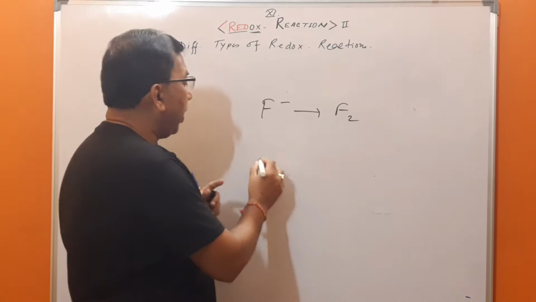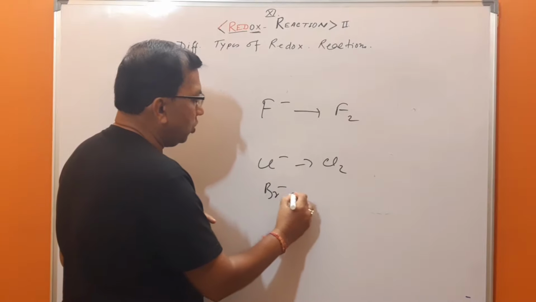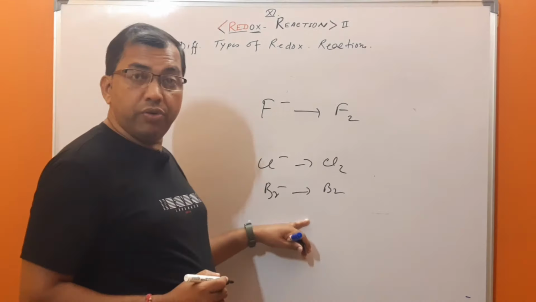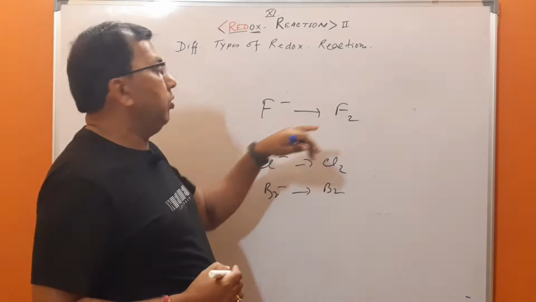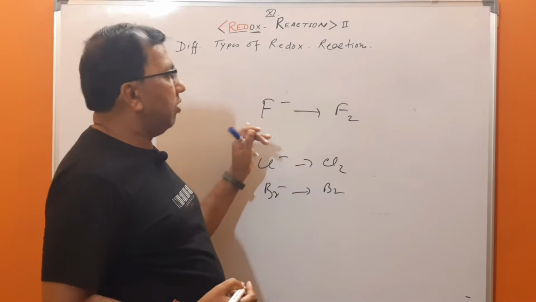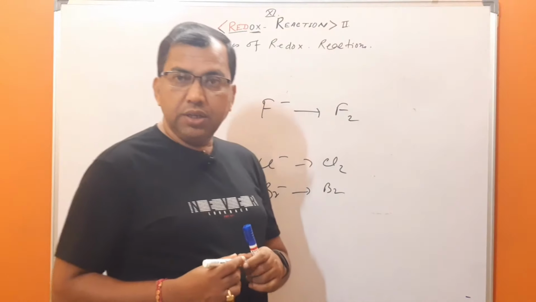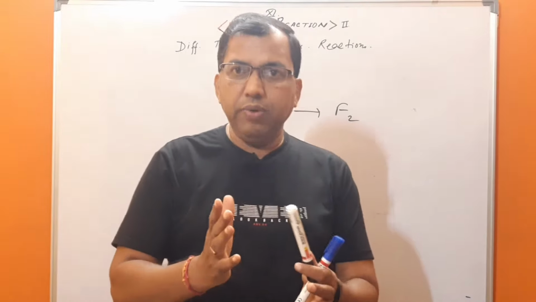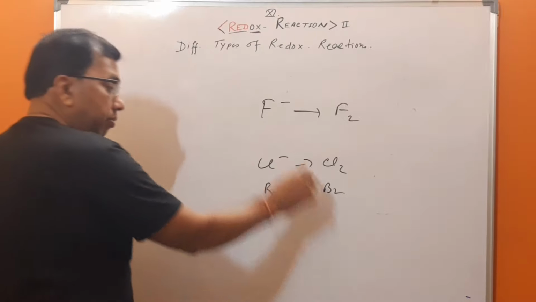What I told: chloride to chlorine, bromide to bromine can be done by means of KMnO4 or K2Cr2O7. But normally there is no oxidizing agent available to convert F minus to F2. Oxidation of fluoride ion into fluorine can be done only by electrolysis. Clear? It is very important.